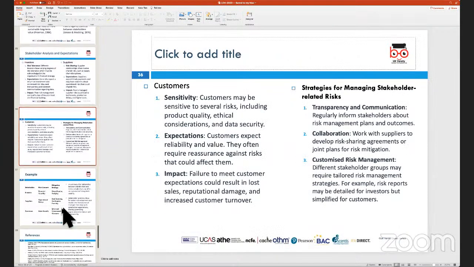And similarly, we look at customers. Customers may have sensitivity towards several types of risks, and these could include, for example, if Apple brings out a particular product and that product develops a lot of faults. Now, what is the sensitivity of the customer to be able to deal with that fault and obviously accept that fault?